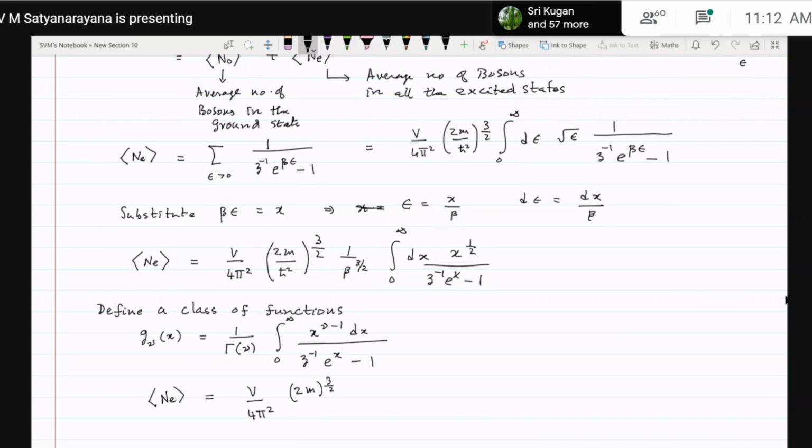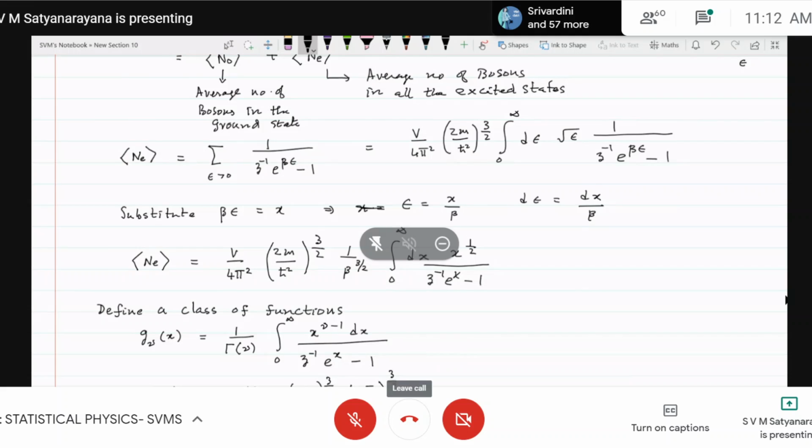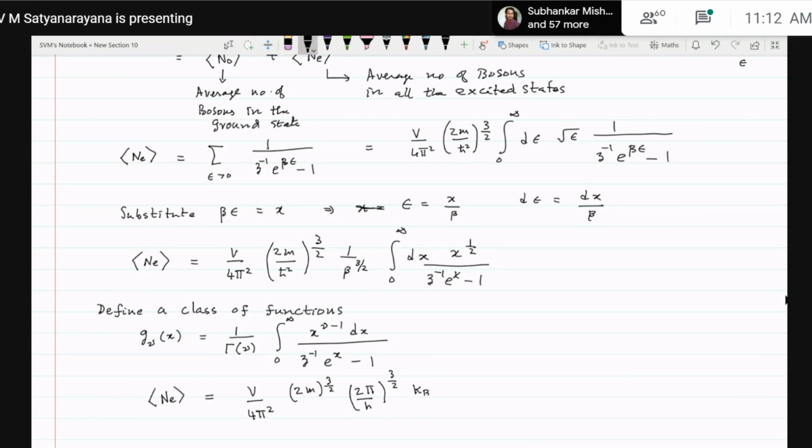And we know h bar is h by 2 pi, so there is a 2 pi by h to the power 3 by 2, and this is basically k_B T to the power 3 by 2. Then we have the integral 0 to infinity dx x to the power 3 by 2 minus 1 divided by z inverse e to the x minus 1.